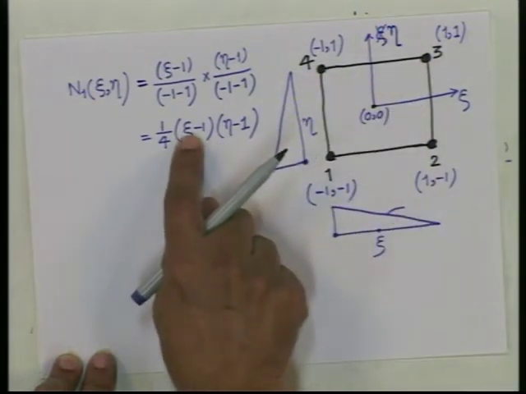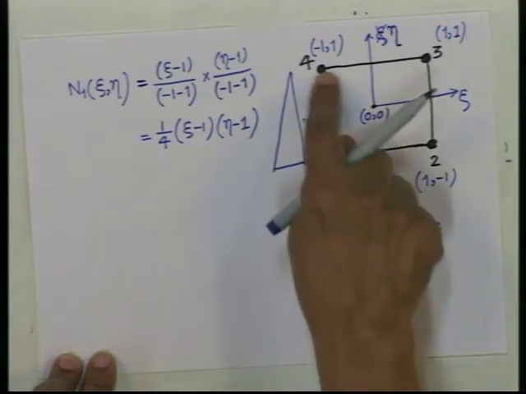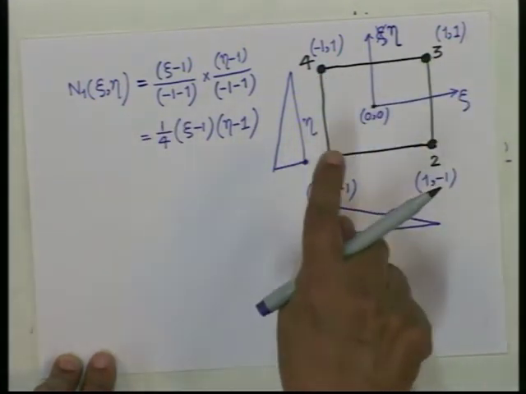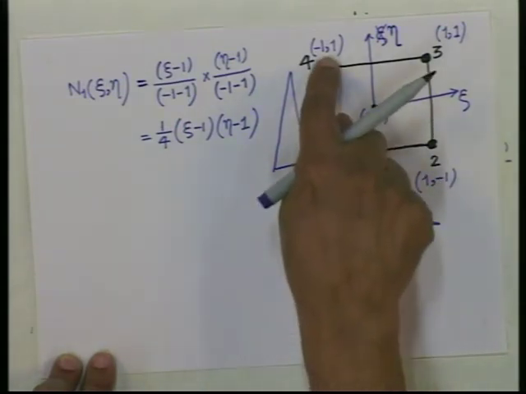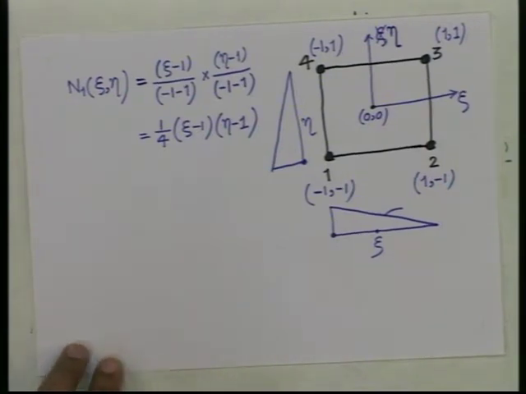Minus 1 will give you minus 2, but then this will be 0. Is it okay? So, at all other nodes, this satisfies the condition. It is unity here and 0 here, 0 here, 0 here. So, this is the shape function for node 1 in local, non-dimensional coordinate.